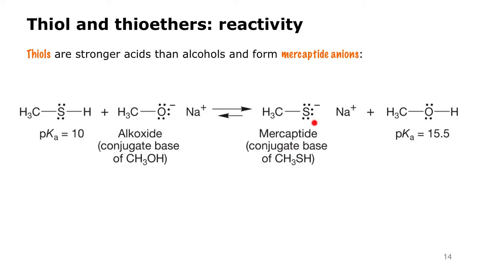Negatively charged sulfur is known as a thiolate ion, and the corresponding alcohol. The reaction proceeds in that direction. You notice we're going from a stronger acid to a weaker acid in the form of an alcohol. The other name for these thiolates is mercaptide anions.